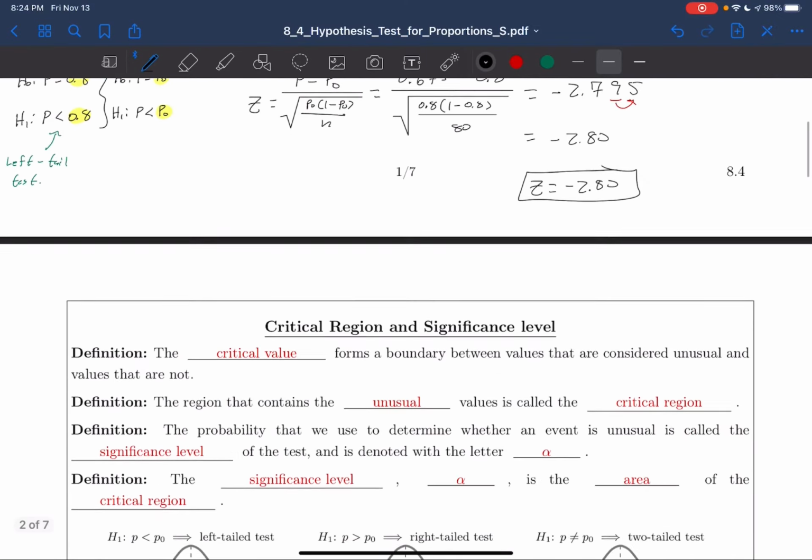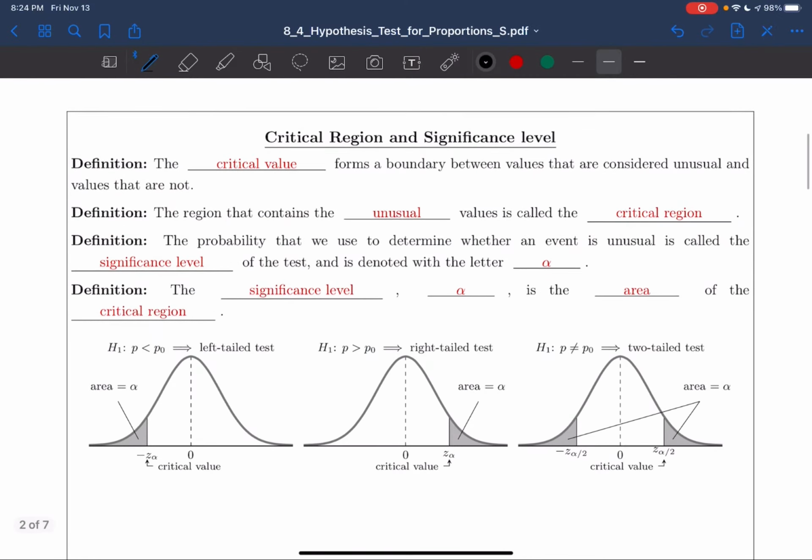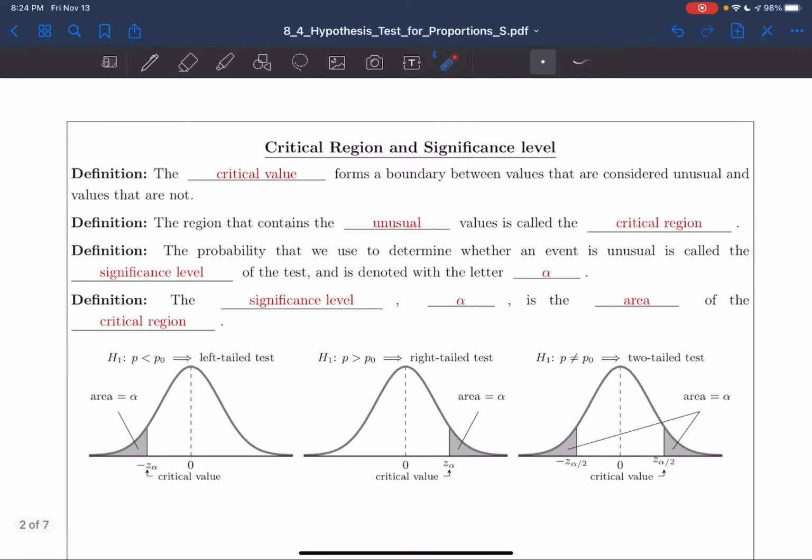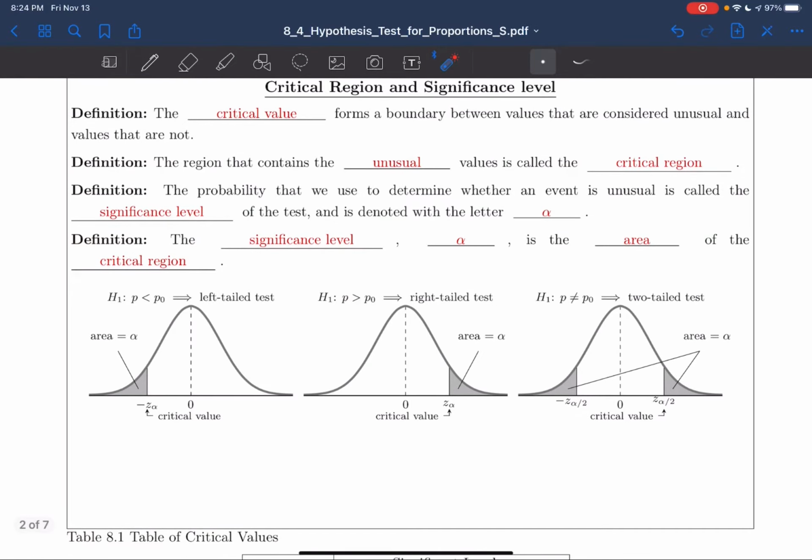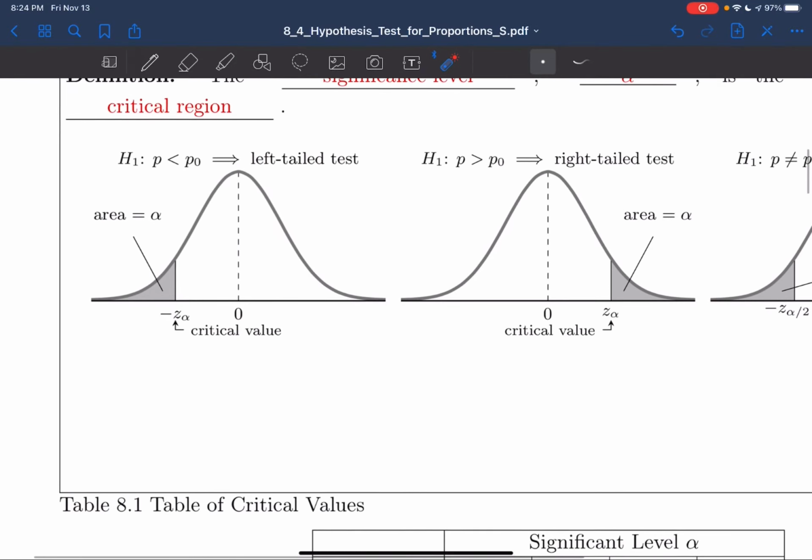Since we're working with the critical value method, the critical value forms a boundary between the values that are considered unusual and the values that are not. It's the same definition, but we're just working with proportion.